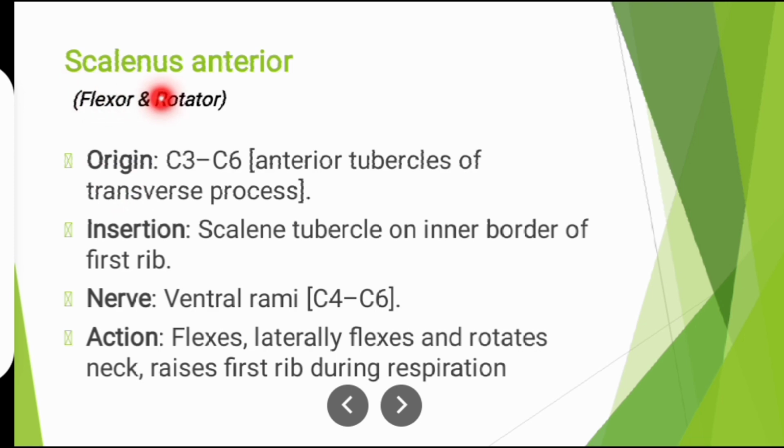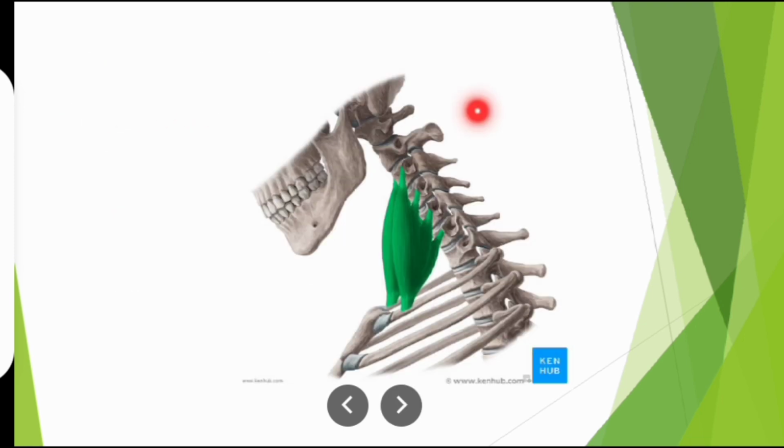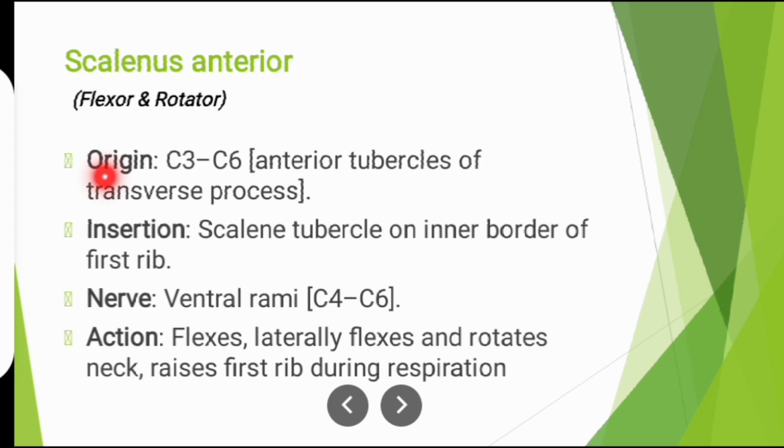The next flexor muscle is Scalenus anterior muscle. The muscle in green is Scalenus anterior muscle. Its origin from C3 to C6 vertebra on anterior tubercles of transverse process. Insertion scalene tubercle on inner border of first rib.